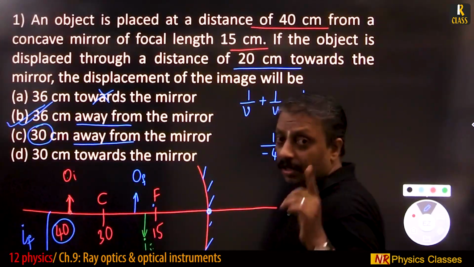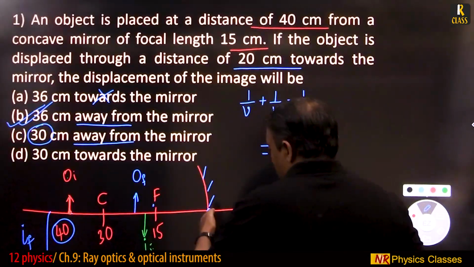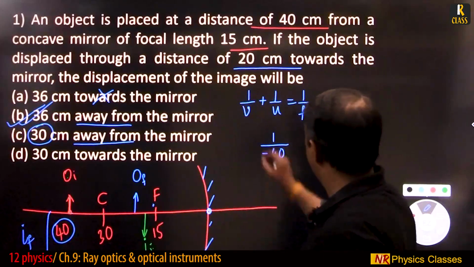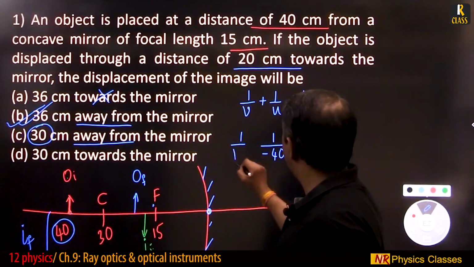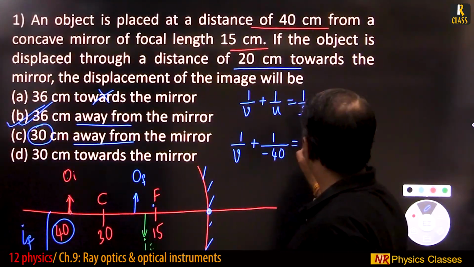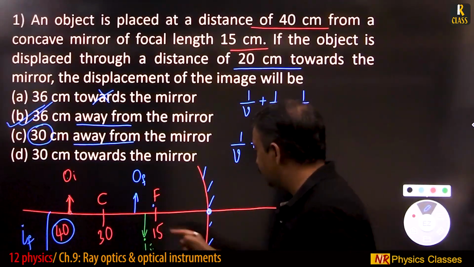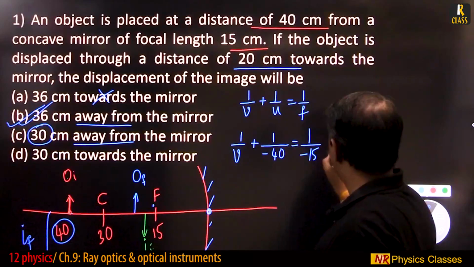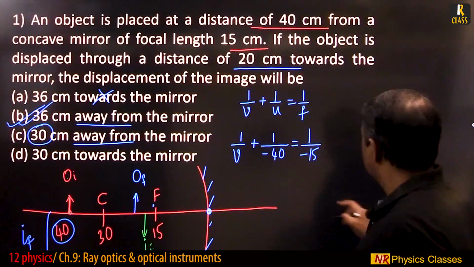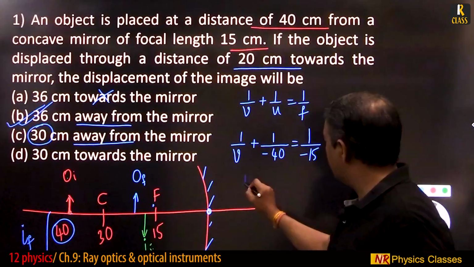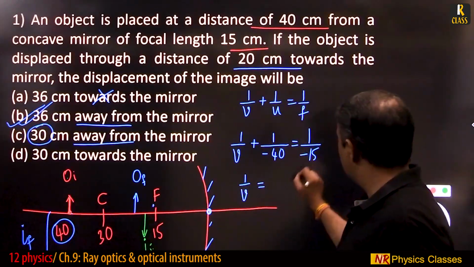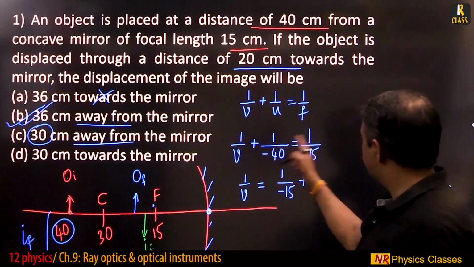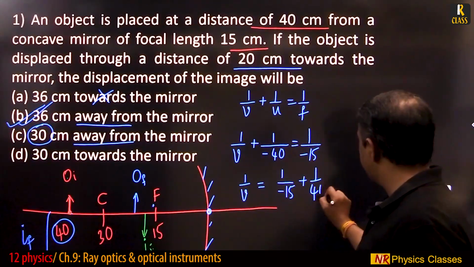By the Cartesian sign convention, to the left means negative sign, minus 40. 1 by v equals 1 by f; the focal length is 15, to the left, so 1 by minus 15. Bring this to the other side: 1 by v equals 1 by minus 15 plus 1 by 40.